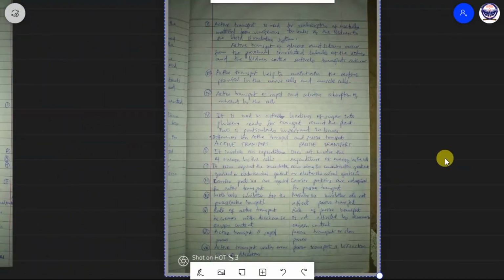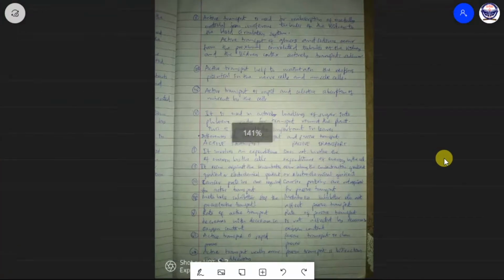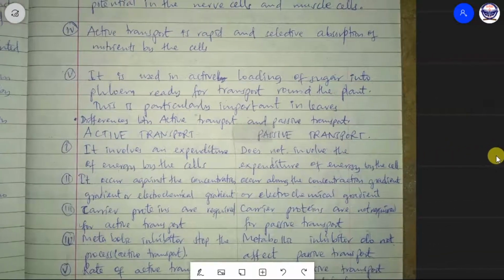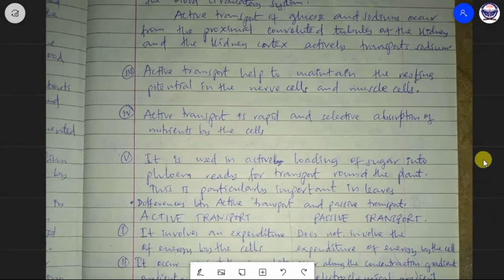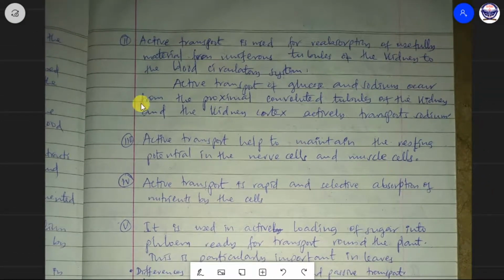Now let's continue with another point. The second importance of active transport is reabsorption of useful material from the uriniferous tubule of the kidney to the blood circulation system.